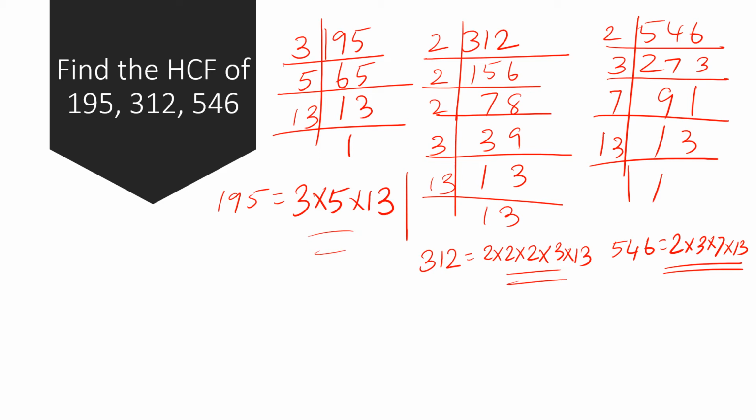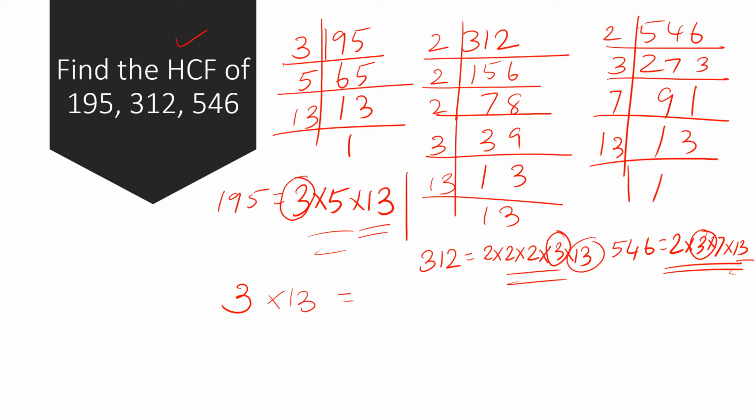Now the question is the highest common factor. So you'll check the common factors, multiply those common factors, and you will get the answer. 3 is here, 3 is here, 3 is here, so we'll write 3 one time. 5 is here, but there is no 5 here and no 5 here, so 5 is not coming. 13 here, 13 here, 13 here, so 3 into 13.